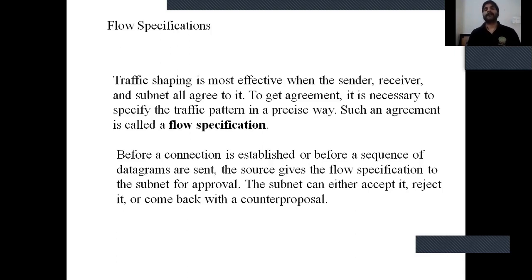To get agreement, it is necessary to specify the traffic pattern in a precise way, and such an agreement is called the flow specification. Before a connection is established, or before a sequence of datagrams is sent, the source gives the flow specification to the subnet for approval. The subnet can either accept it, reject it, or come back with a counterproposal.